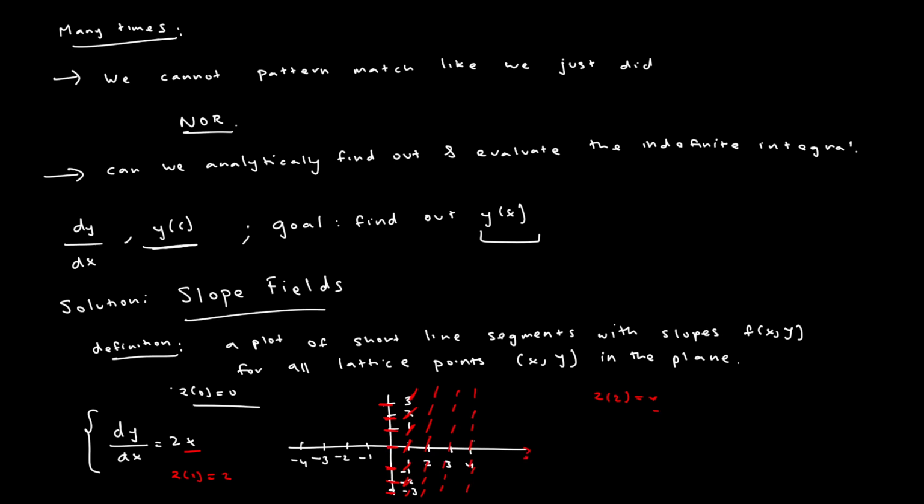On our negative x side, 2 times -1 is simply equal to -2, so our slope is -2 over here. We're drawing something analogous to the positive side, but with negative slopes. And again, we get steeper and steeper as the magnitude of the negative number increases.